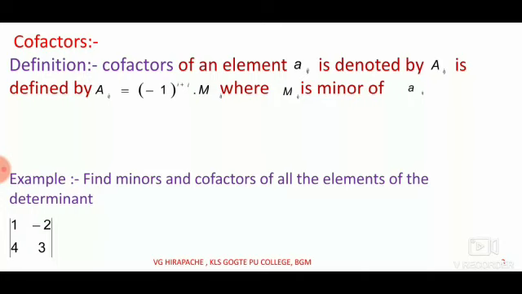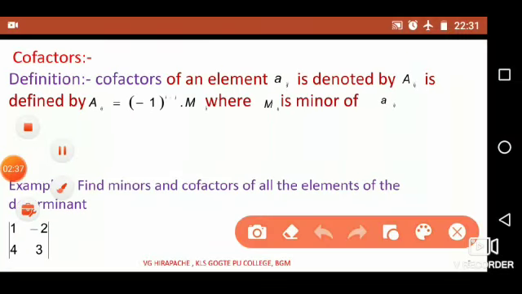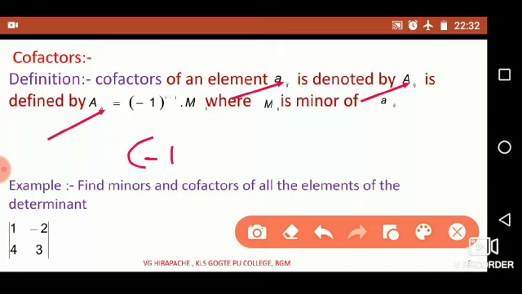Let me start defining the cofactor of a matrix. The cofactor of an element Aij is denoted by the notation capital Aij. It is defined by capital Aij is equal to minus 1 to the power i plus j into Mij, where Mij is the minor of the element Aij.